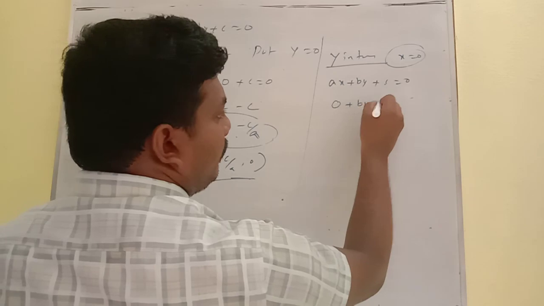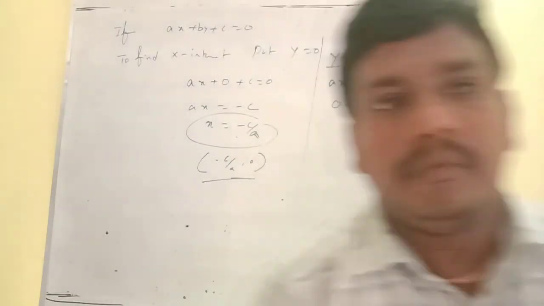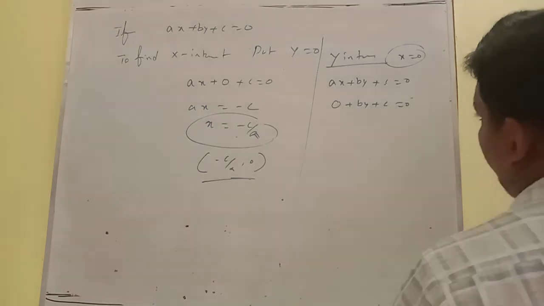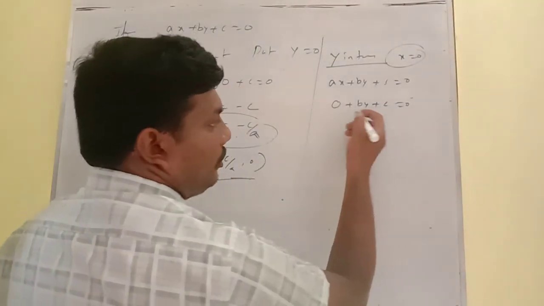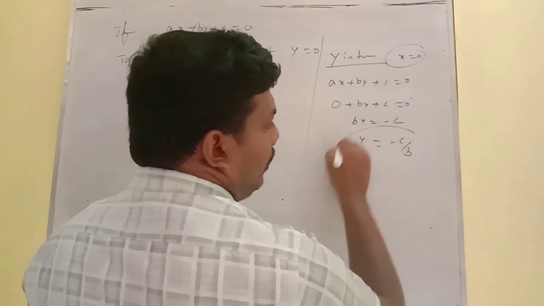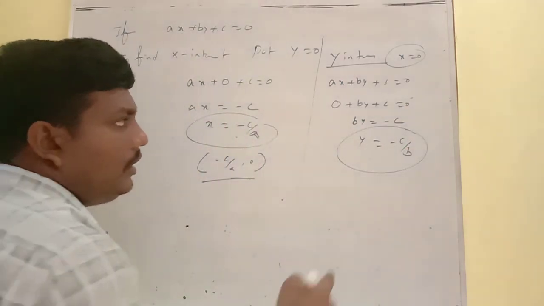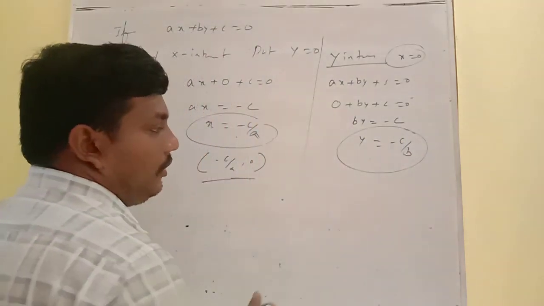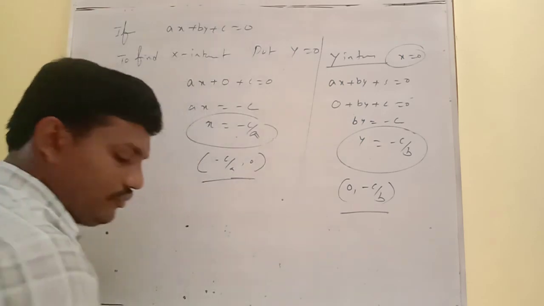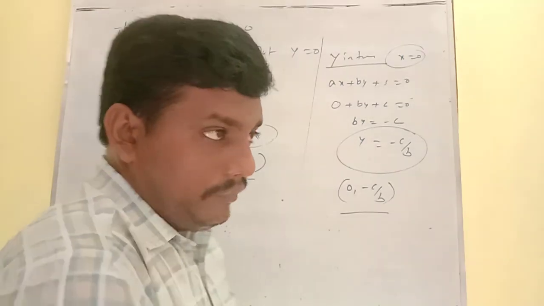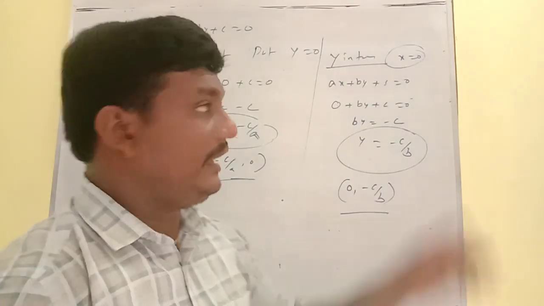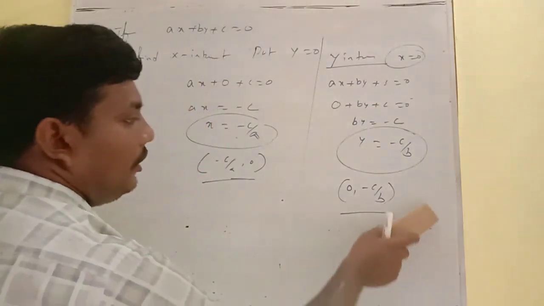X is 0 means by plus c is equal to 0. Then by is equal to minus c. Then y is equal to minus c by b. So the y-intercept point is (0, minus c by b). This is how to find the x-intercept and y-intercept when the line equation is given.